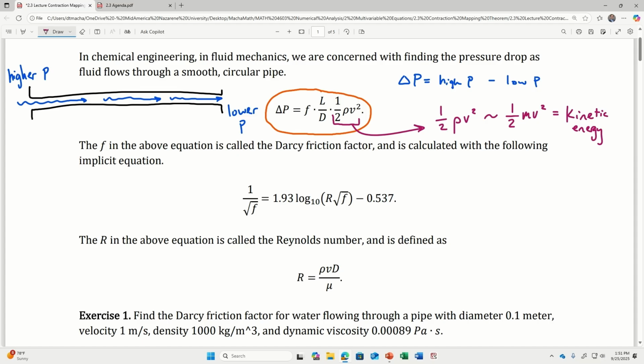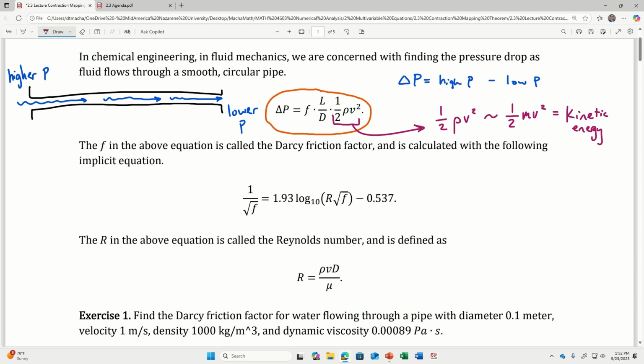The last thing, the lowercase f, is called the friction factor. The friction factor is a way for chemical engineers to quantify how much friction is happening, number one, between the fluid and the walls of the pipe, so you lose some efficiency because friction happens when the fluid moves past the wall. And then also when the fluid moves past itself, because in the fluid there are eddy currents and some turbulence, so there's internal friction between the fluid and itself.